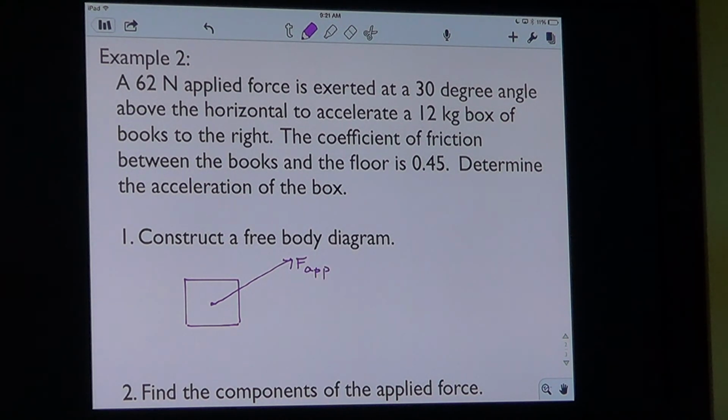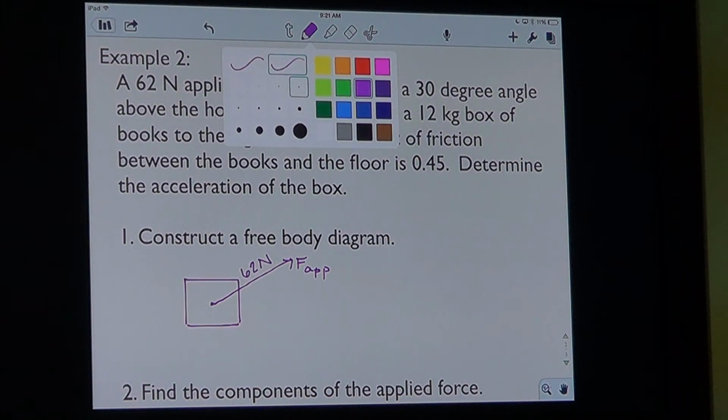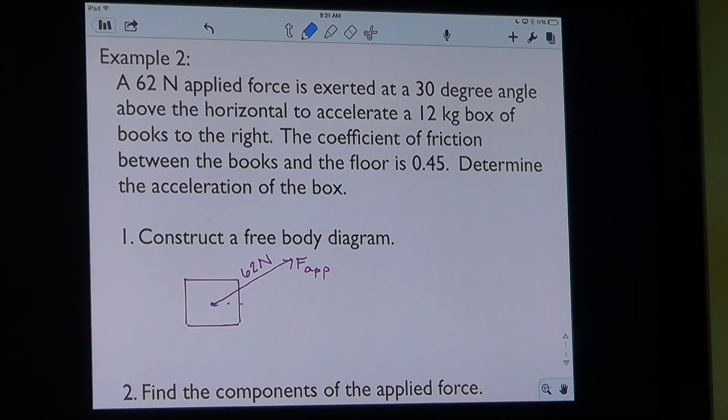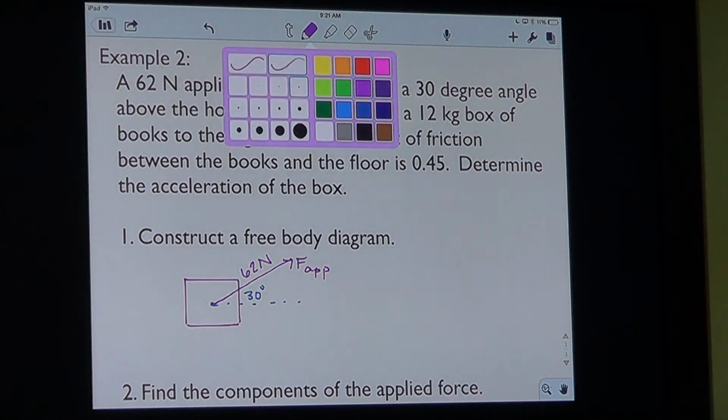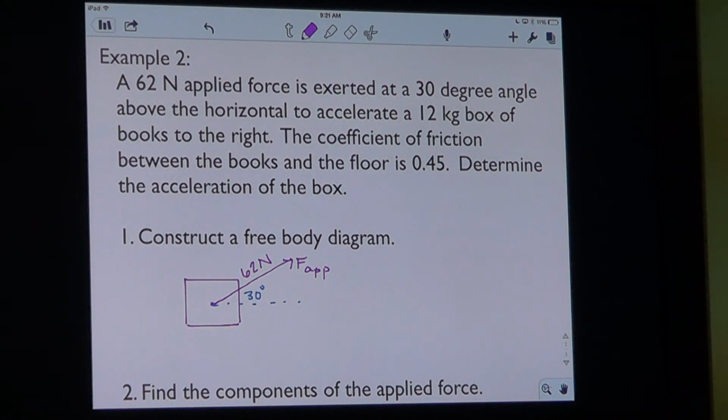And that's 62 newtons, and we should probably draw in that's 30 degrees. Okay, what else? That's correct. Right now though, we just want to draw all the forces for the free body diagram.